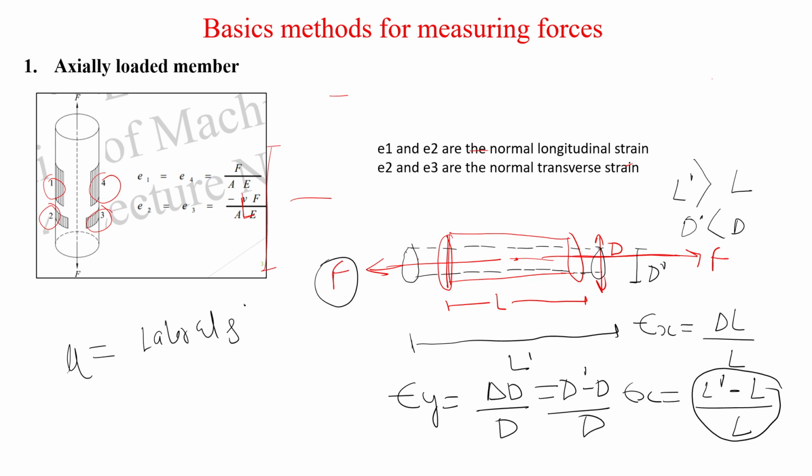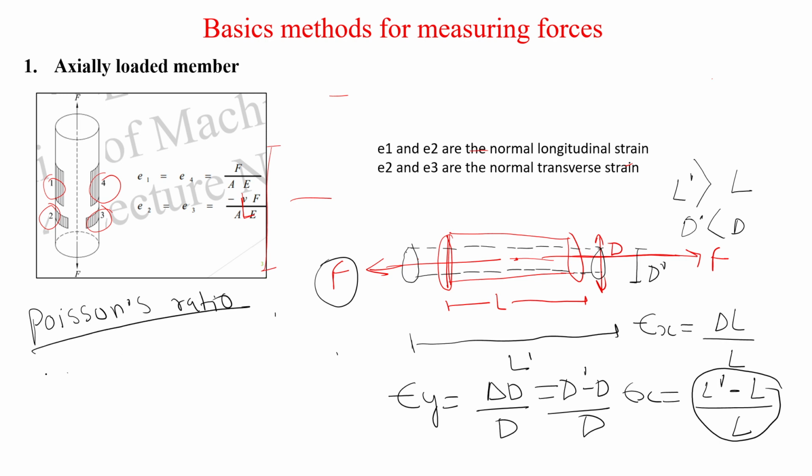which is the lateral strain upon longitudinal strain. If you don't know, please note this formula. Later I'll write it properly. Wait. So this I'll write, wait. The Poisson's ratio mu is lateral strain.